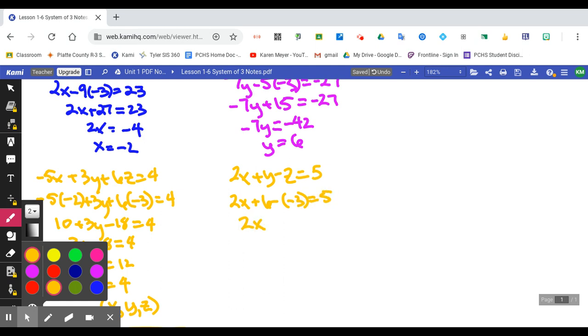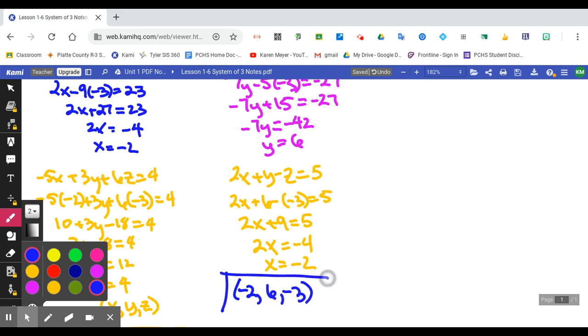So then you get 2x plus 9 equals 5. 2x equals negative 4. And finally, our third answer is negative 2. So remember to write your answer x, y, z. So negative 2, comma 6, comma negative 3.